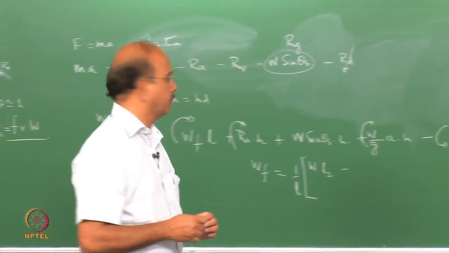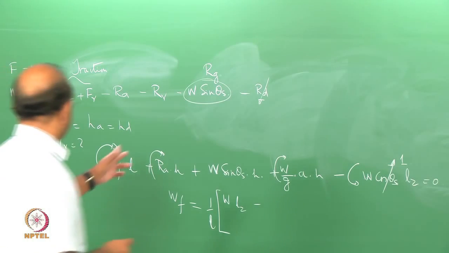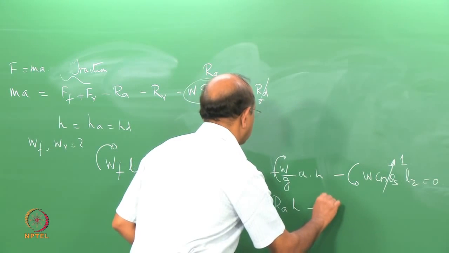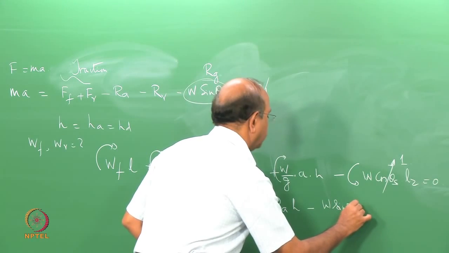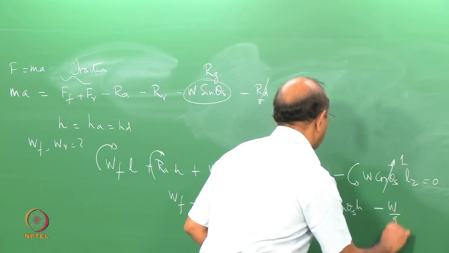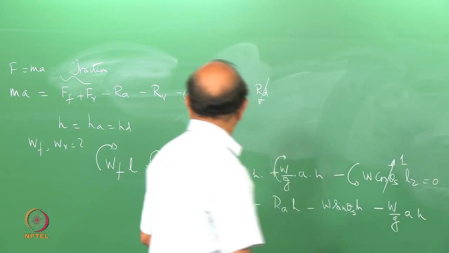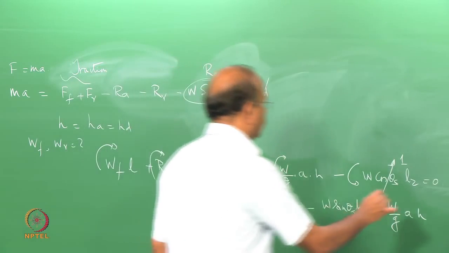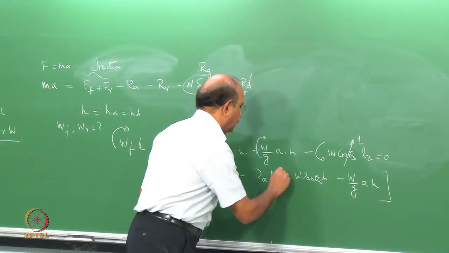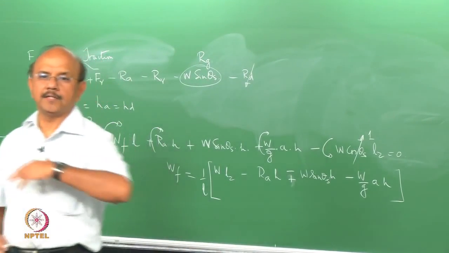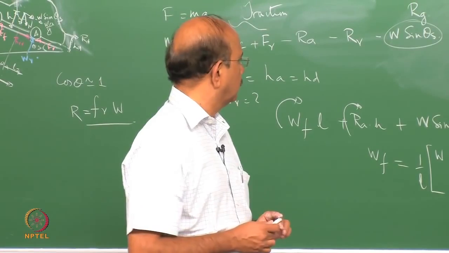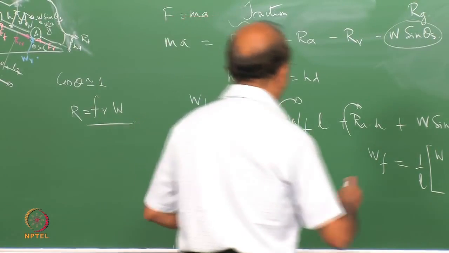Why don't you write that, minus RA into h, minus W sin theta into h, minus W by g into a into h. So I am just going to put minus or plus here to take into account whether it is going uphill or downhill.